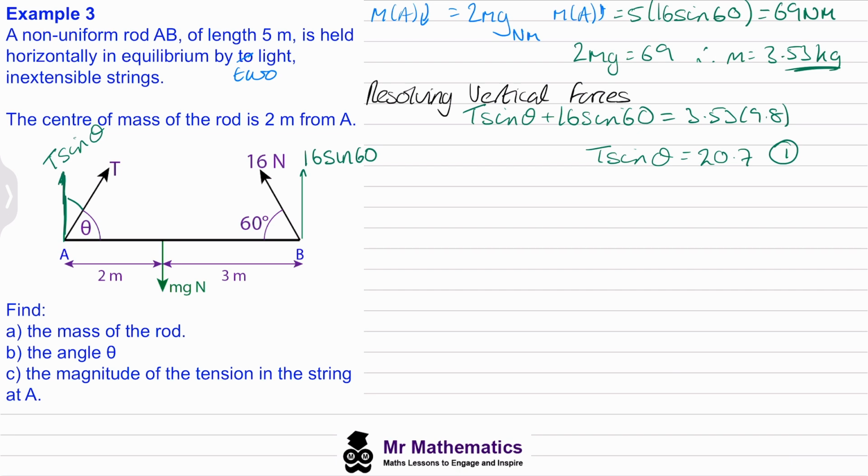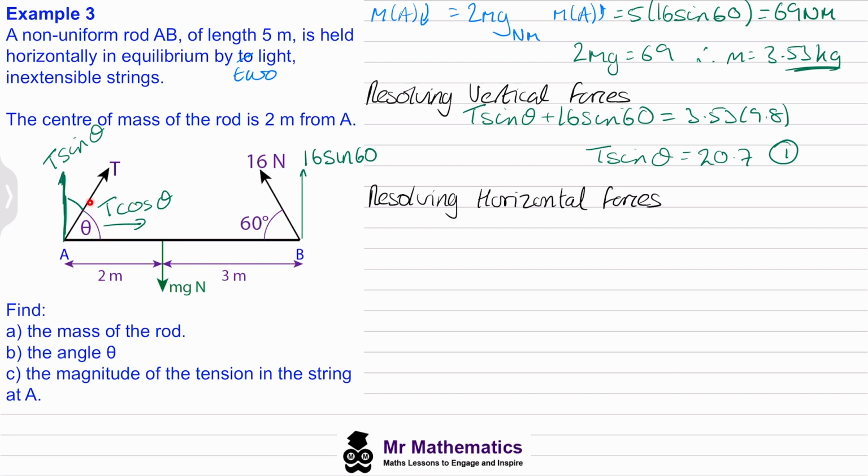Because we need to work out T and theta, we have two unknowns, which means we need two equations. We can get the other equation by resolving the horizontal forces. So if we look at the two forces we've got, this force T and this force 16 newtons, we've worked out the vertical component. The horizontal components do contain the angle, and this horizontal component will be T cos of theta. If you remember, if it contains the angle, it is cos of the angle.